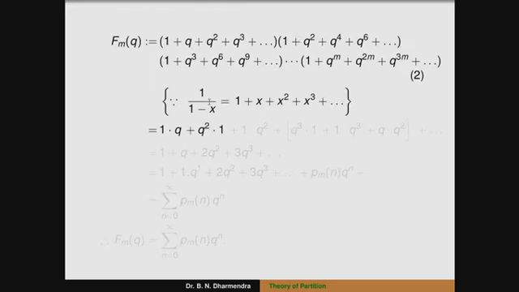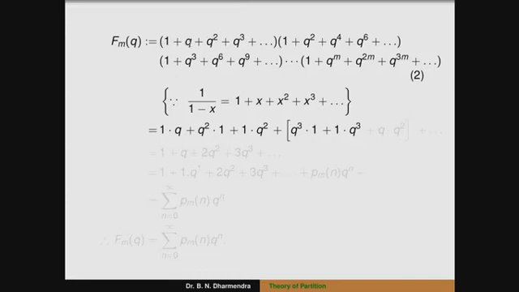You can observe here q square into 1, and again the terms of this q square into this one we have to multiply, plus q cube. What are the q cube terms? That is q cube into 1, plus 1 into q cube, and the next term is q into q square.